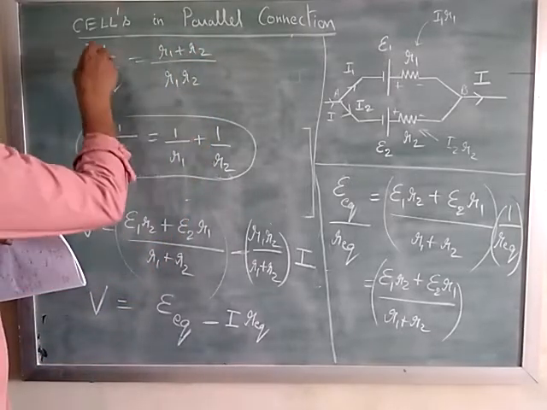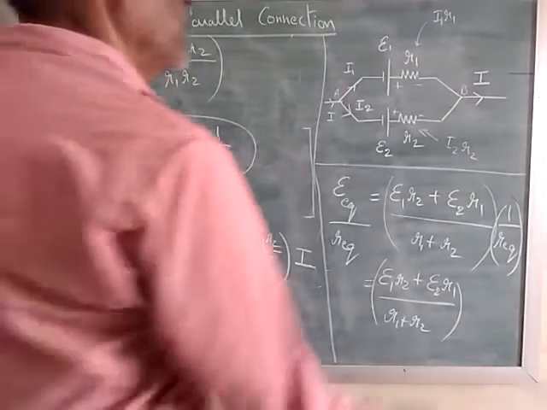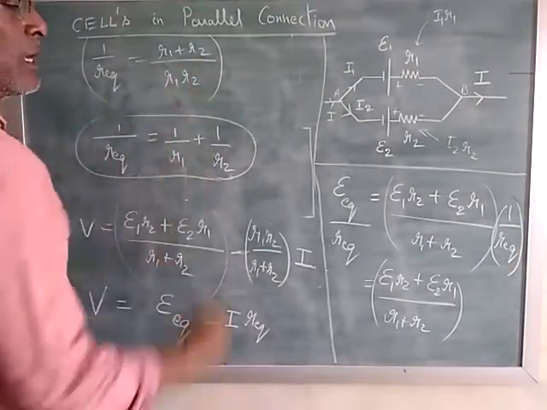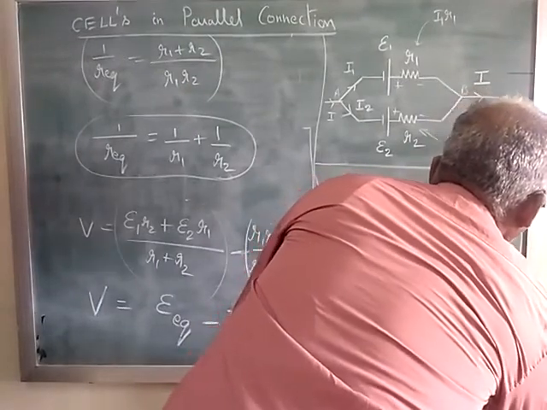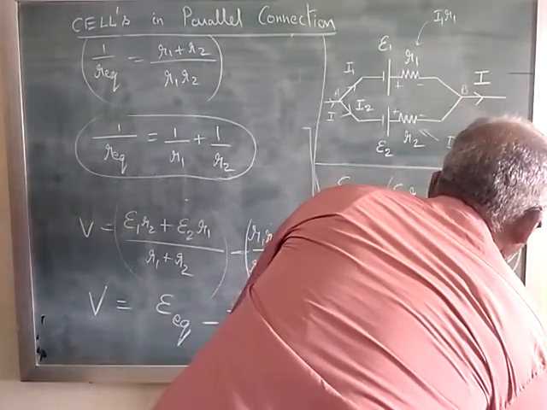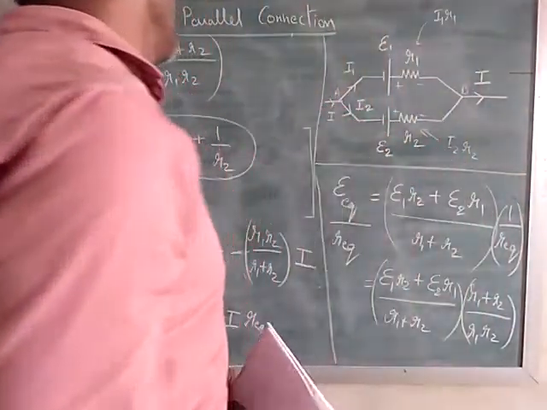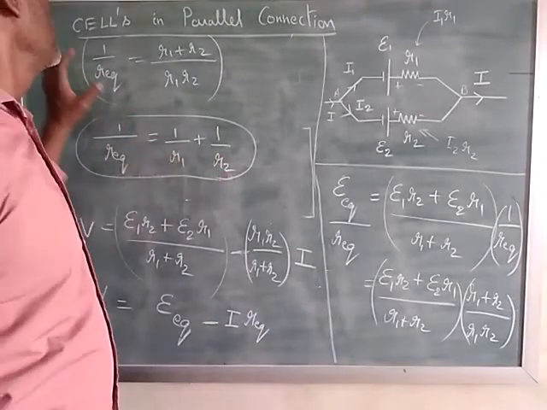Taking LCM, 1 by R equivalent value is this. So in the place of 1 by R equivalent, I can write R1 plus R2 divided by R1 R2. Once again I repeat, 1 by R equivalent is 1 by R1 plus 1 by R2.